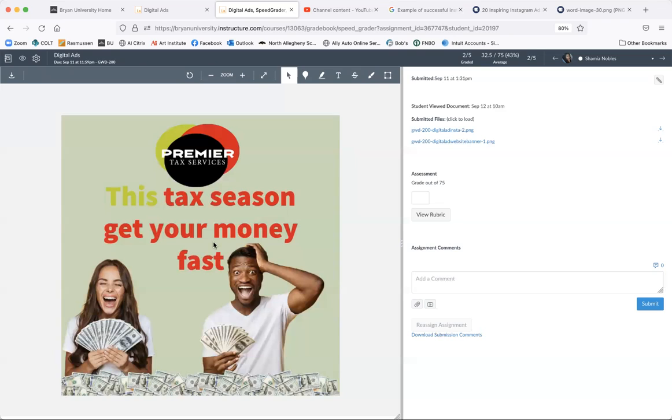Okay, get your, and maybe money goes down here, fast is next to it. Play around and see how you can break this in a way that makes sense. Maybe it's this tax, and then season goes down below. Season, get your, and then money fast is at the end. It might break better. You don't have a widow there. Yeah, so that's what I would do.